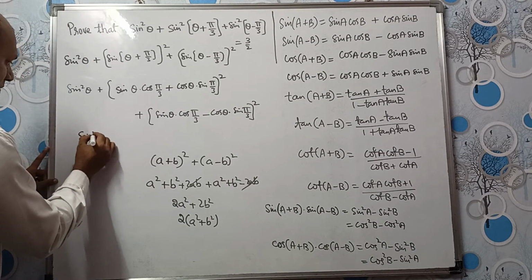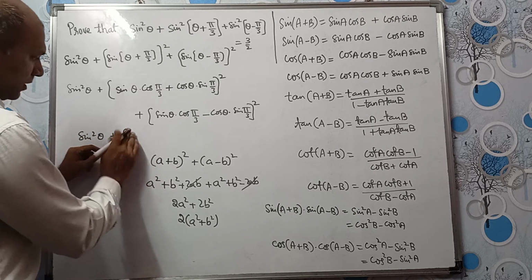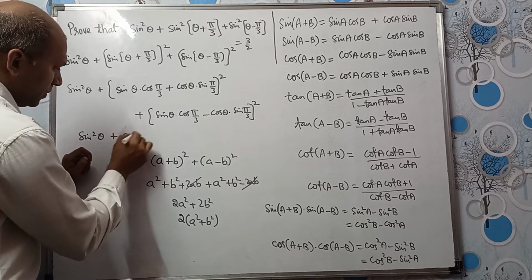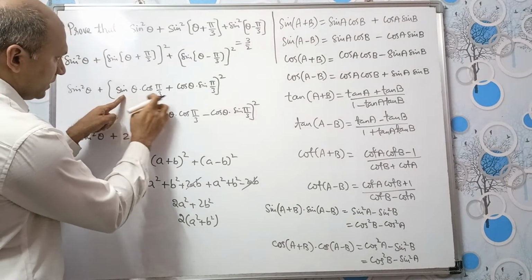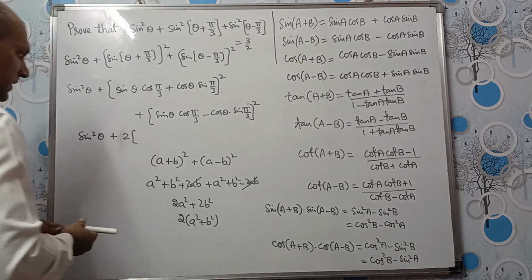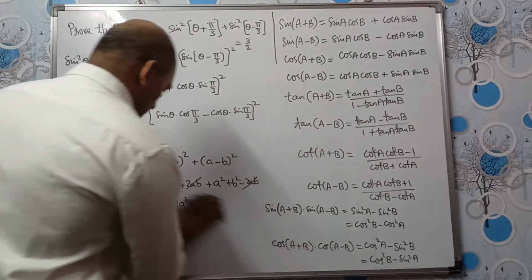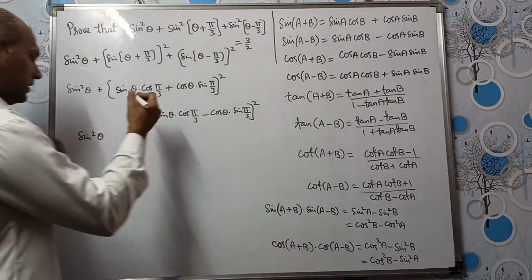So this will be sine square theta plus, what do we have now? We'll have 2 multiplied by this, this is a, and we have b, right? See, if this is confusing, let us expand this.